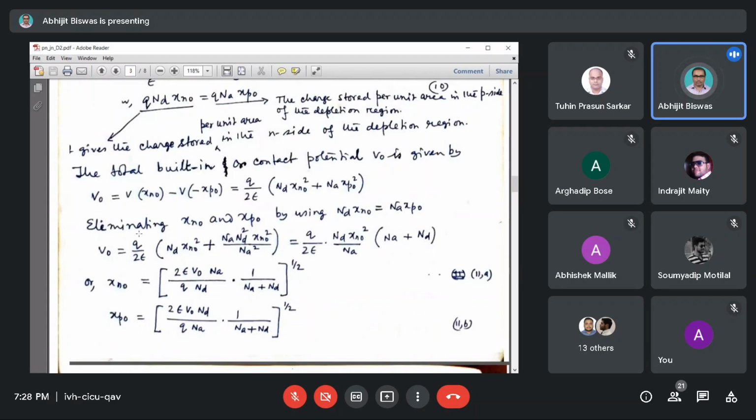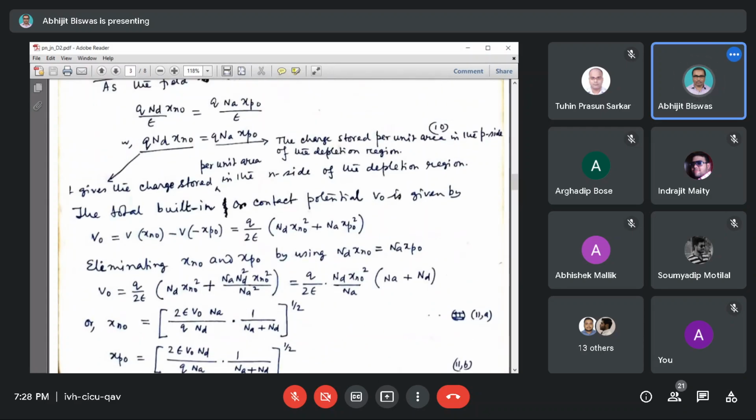So due to this relationship given in equation 10, Nd into Xn0 is Na into Xp0. The product is the same. So if one term becomes very high, the other term will be less. This is the reason why a highly doped region exhibits a lower value of depletion region, or vice versa.